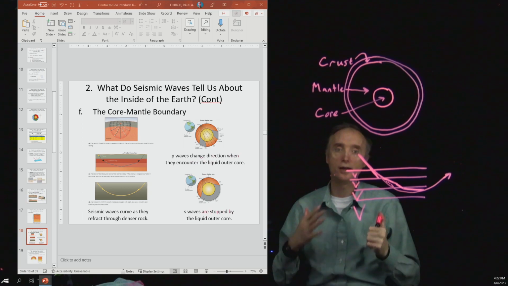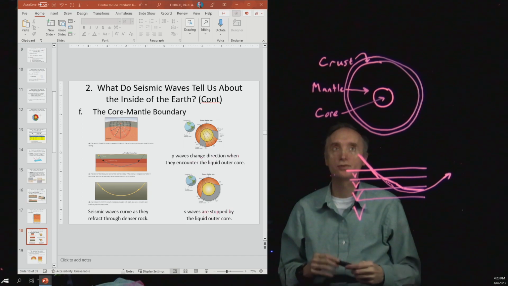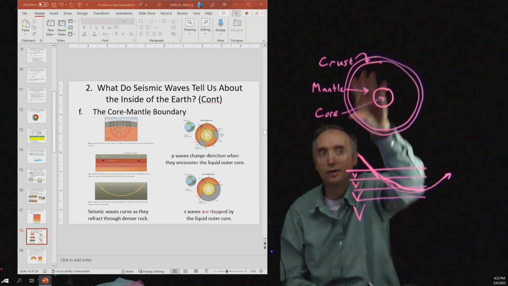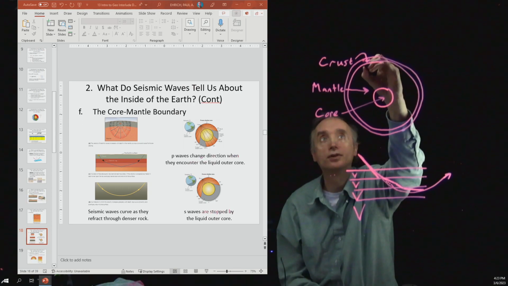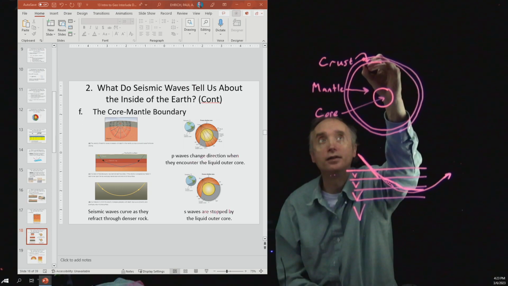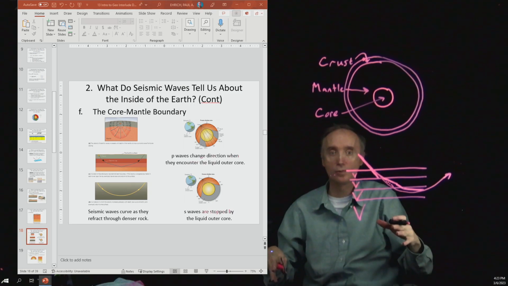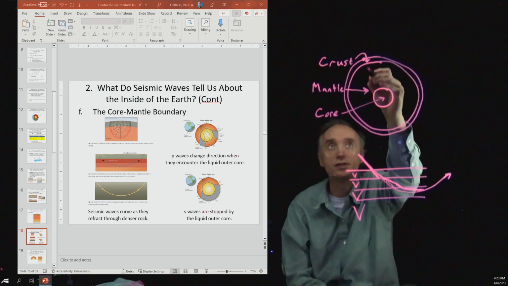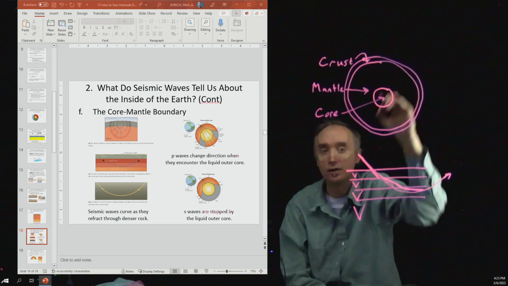All right, now how does that help us? Okay, so now what we're going to do is assume on this picture up here that you have an earthquake that is going to occur right here, and it's going to start sending out seismic waves. And as these seismic waves are going through the Earth, they're going to begin to bend.